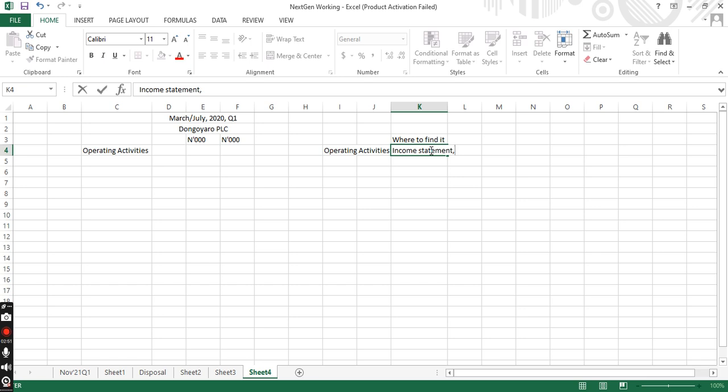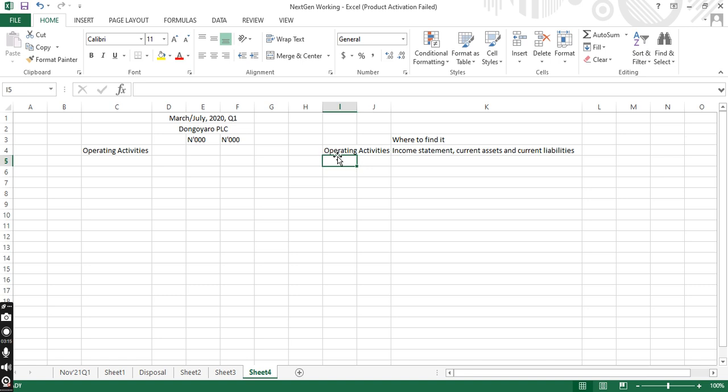You can also find them in your current assets and current liabilities. Are we together, please? Yes, sir. That's where you can find your operating activities.